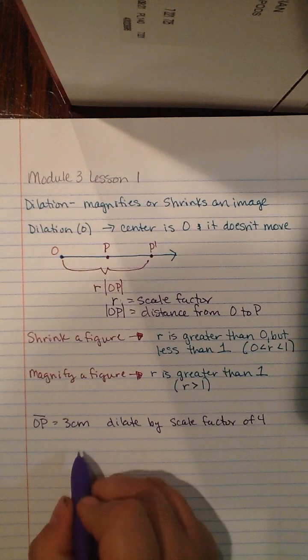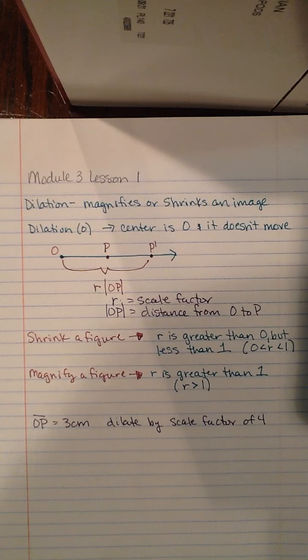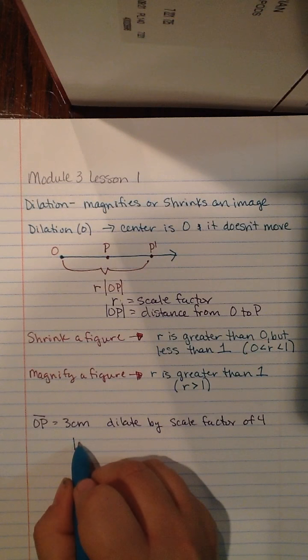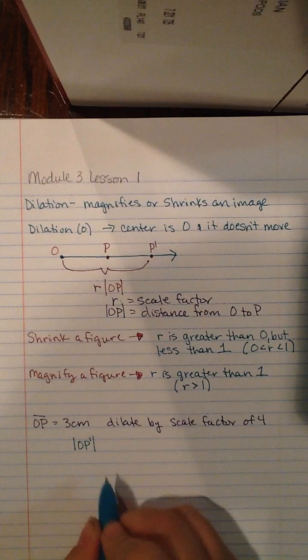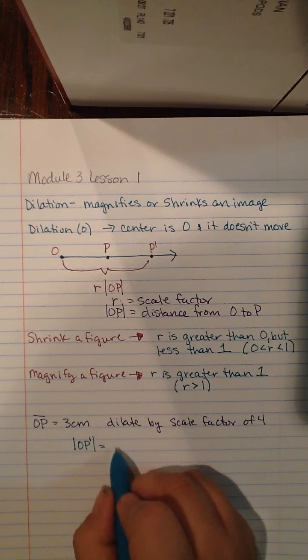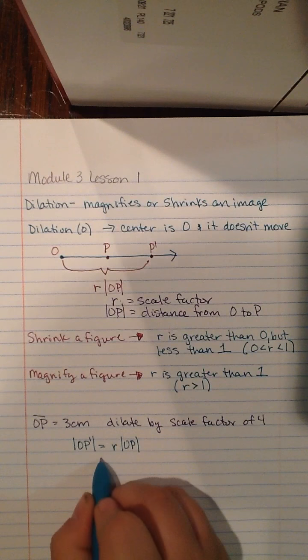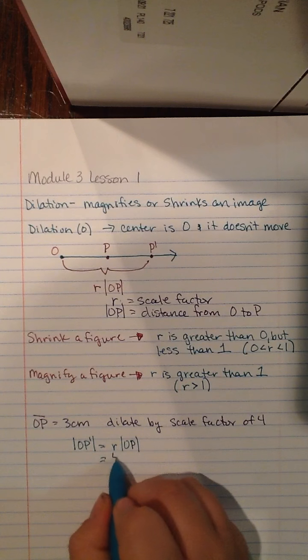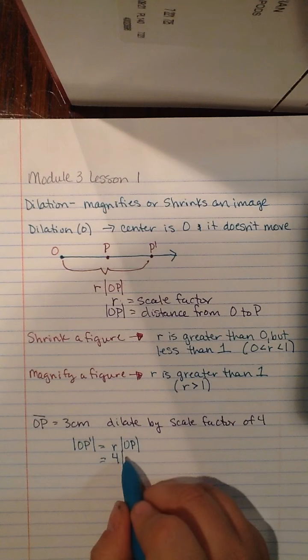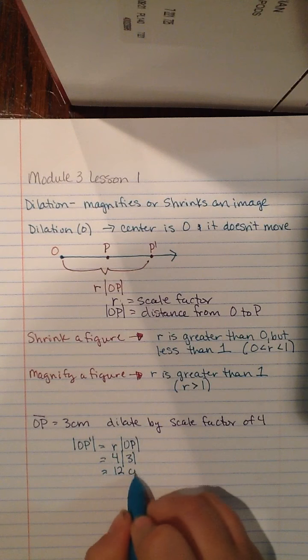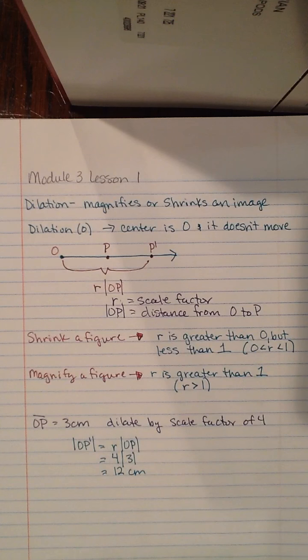Okay, so we're going to find OP prime, and we're taking our original length and multiplying it by our scale factor. So our scale factor was 4 times the length from O to P, which was 3. So the distance from O to P prime would be 12 centimeters. Okay, that's one example. Okay, we have to keep them proportionally the same.